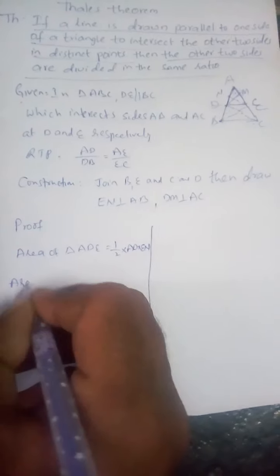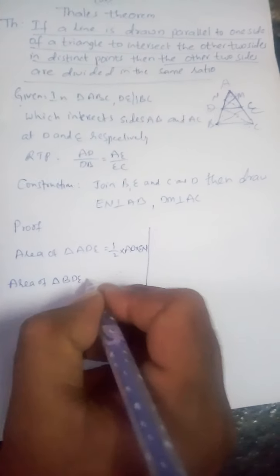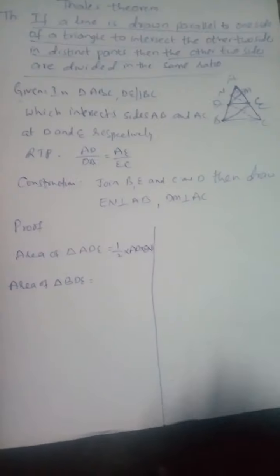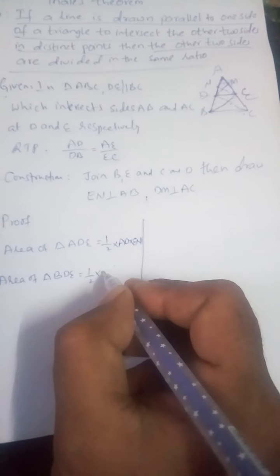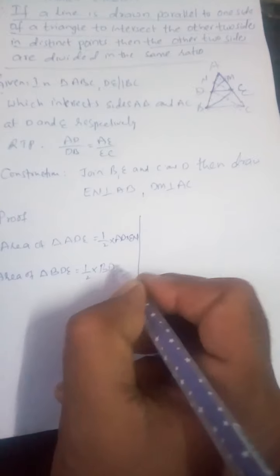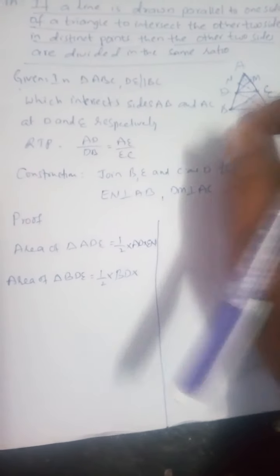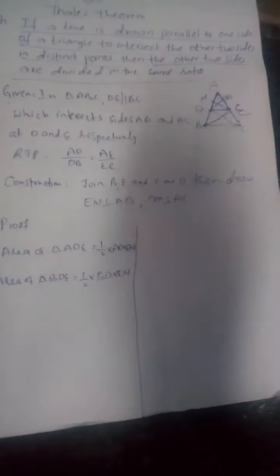Next, area of triangle BDE is equal to half into base BD into height EN. This is an obtuse angle triangle, and in an obtuse angle triangle the altitude is always outside, so the height is EN.